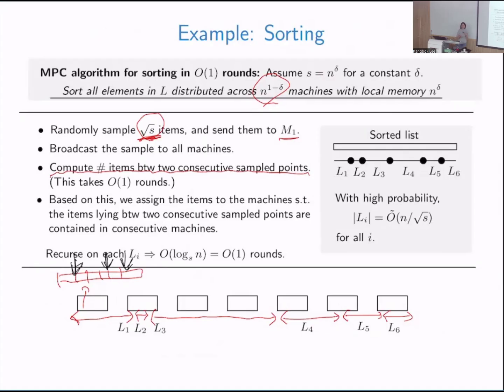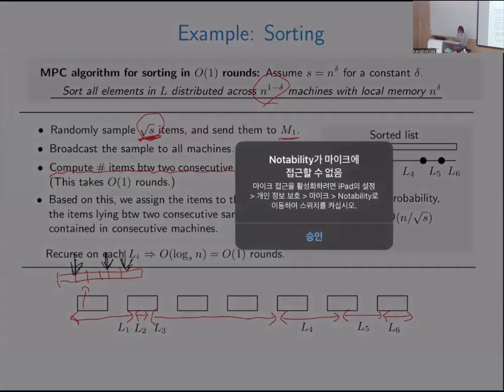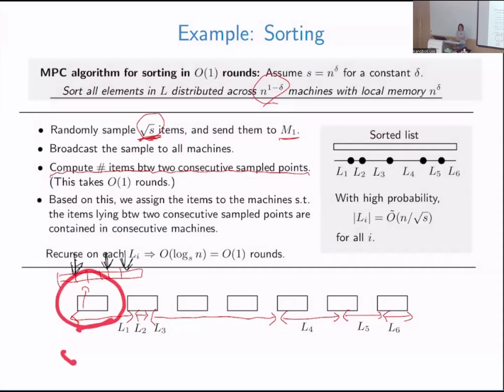No. We don't have a coordinator. Those machines are independent, so each machine cannot access the memory of the other machines. But we can sample those items in parallel. For instance, for the first machine, we sample root S items. And the second one, we also sample root S items.